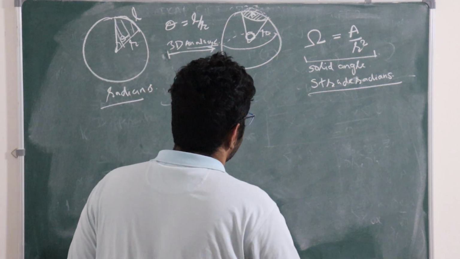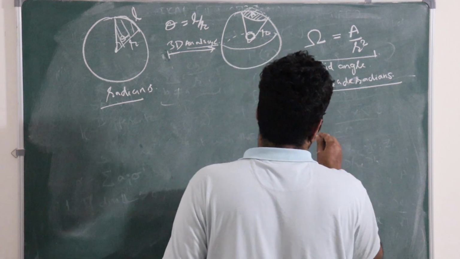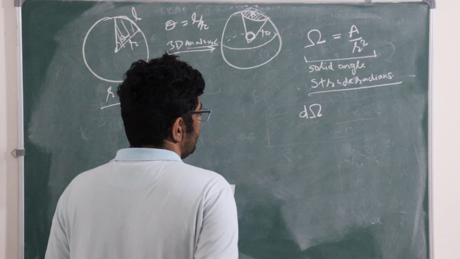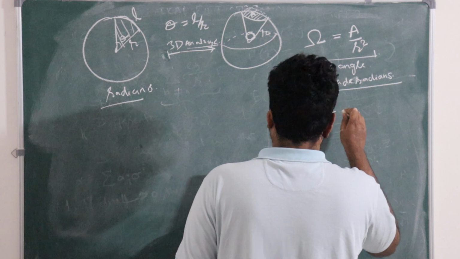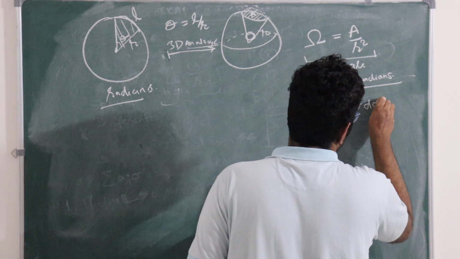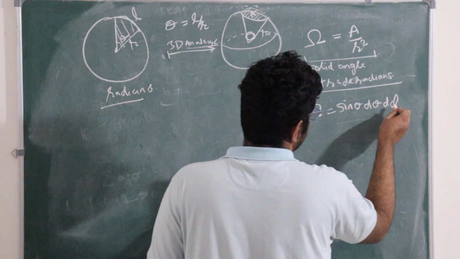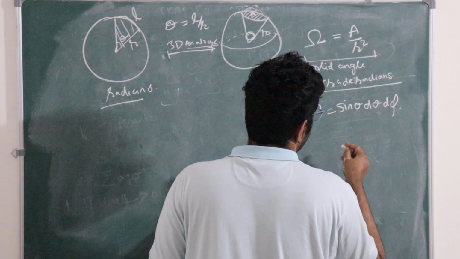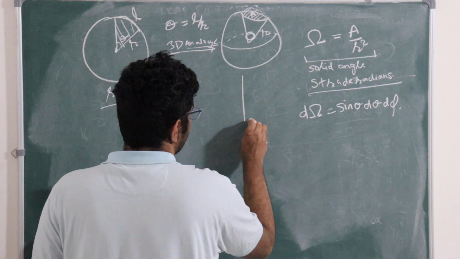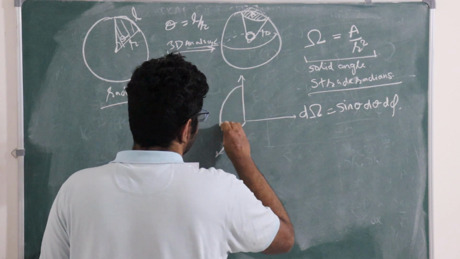In spherical coordinates, since it's a sphere, it's easy to do. An element of the solid angle can be written as sine theta d theta d phi, where these angles theta and phi, I would describe like this.